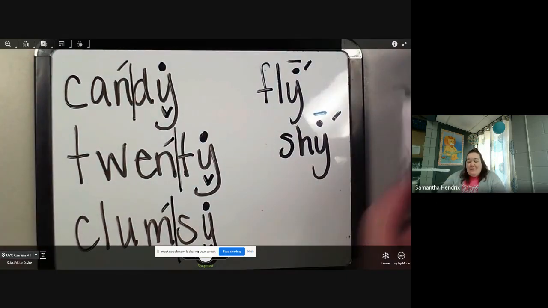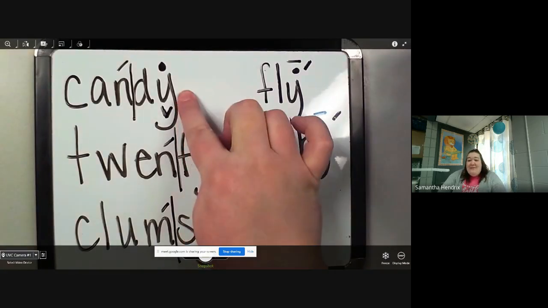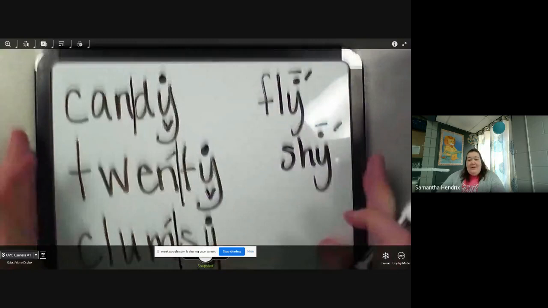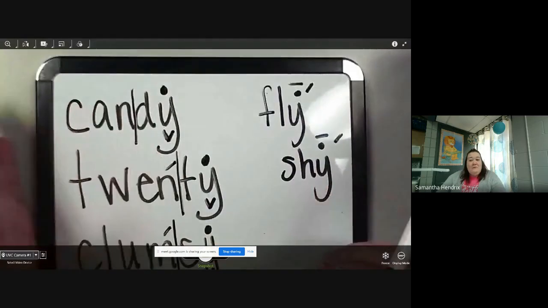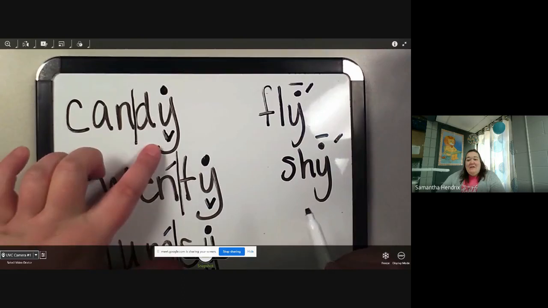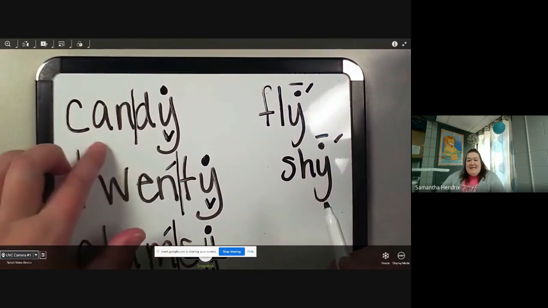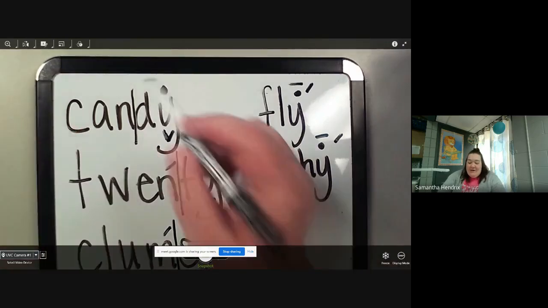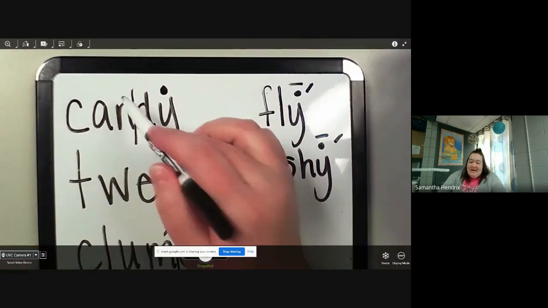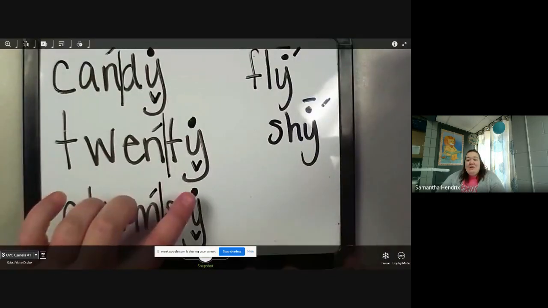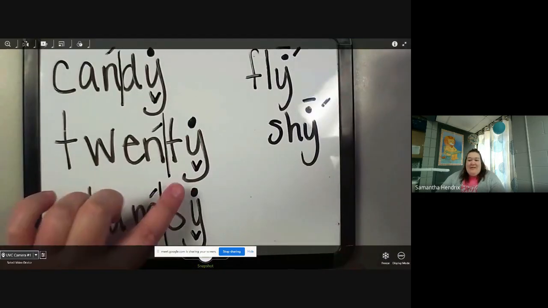So, another word. If this were accented, let's say we see this word and we don't know what it is. You can do candy, candy. You just have to try it, okay? And then you're going to know, oh, candy, so the accent goes here. Twenty or twenty? Twenty, okay?